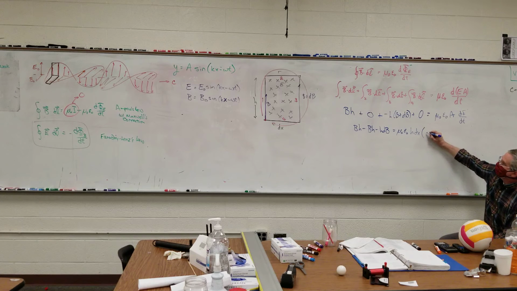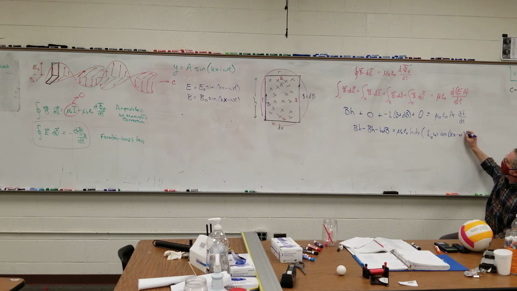It's E naught omega cosine kx minus omega t.